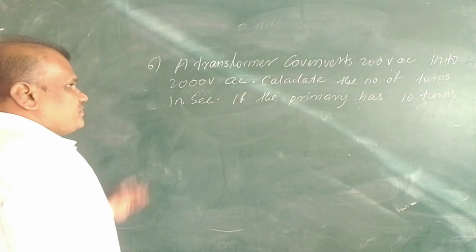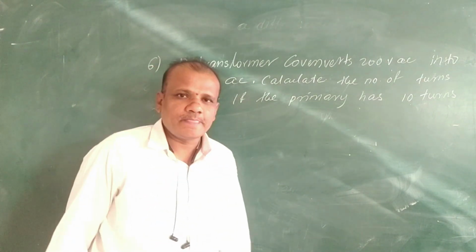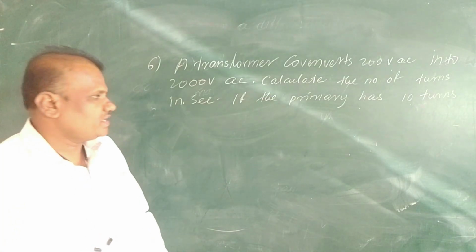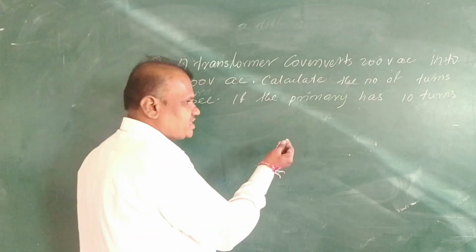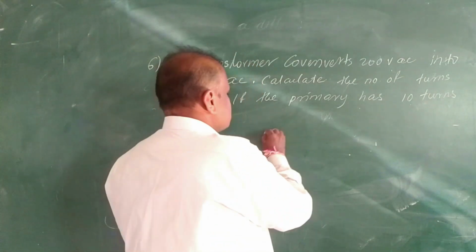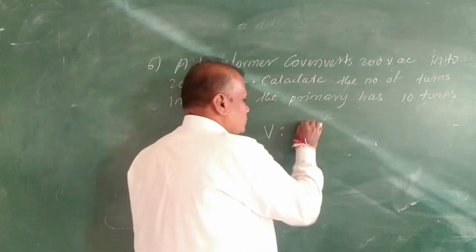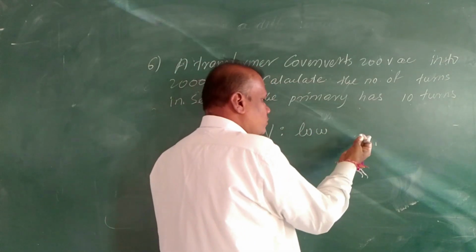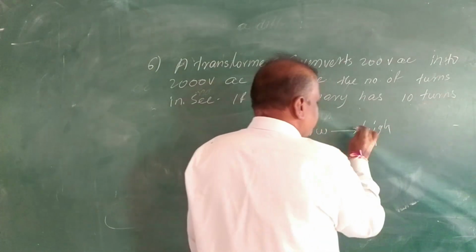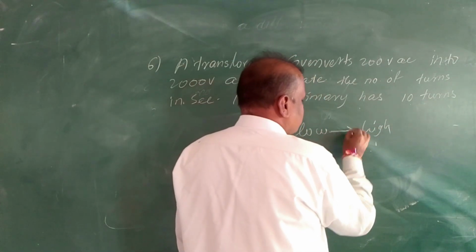First of all we have to know what is meant by transformer. A transformer is an electrical device that can change the voltage level or current level from low to high or high to low. If it is voltage, it is a device that can change the voltage from a low voltage level to a high voltage level, and vice versa.